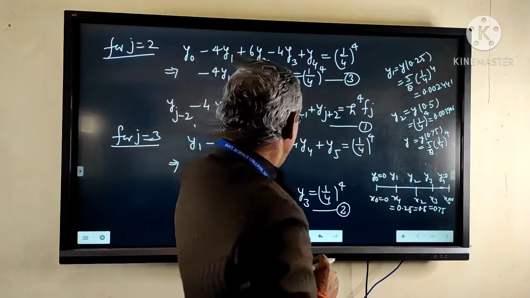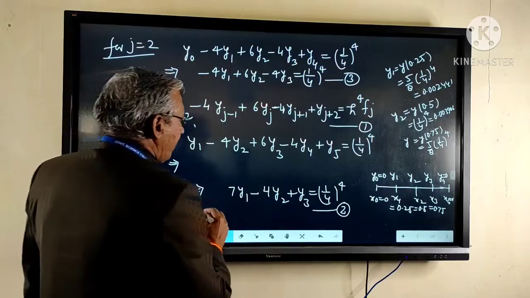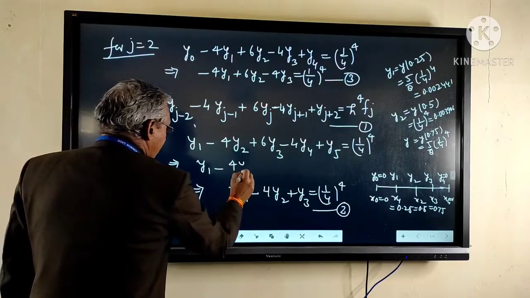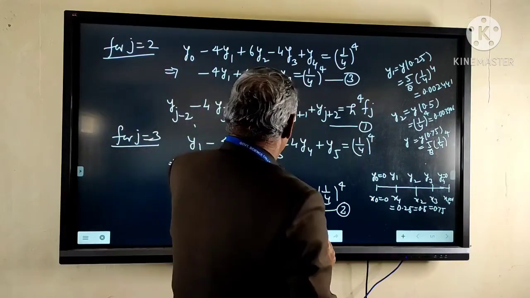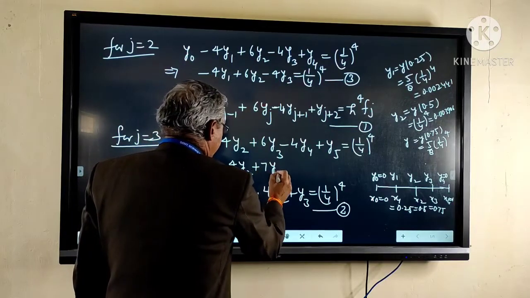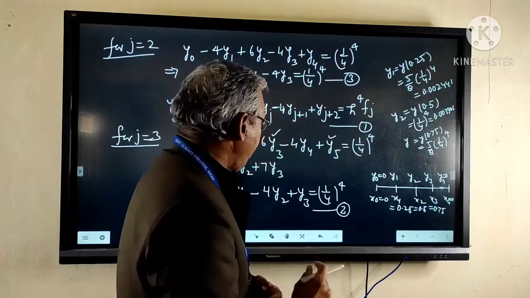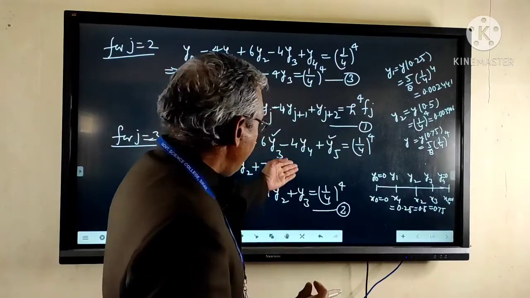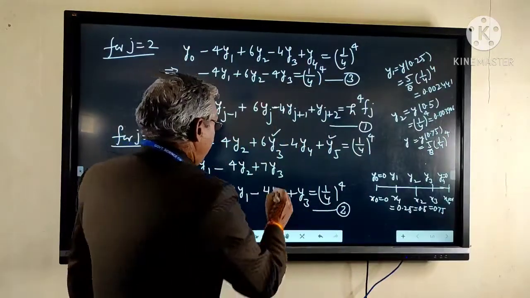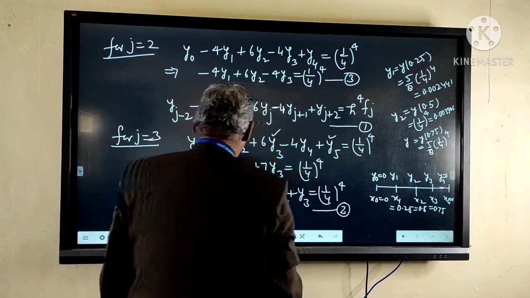Here y3 equals y5, therefore we can write y1 minus 4 y2 plus 7 y3, because y3 equals y5, and it is given that y4 is 0, and this equals 1 upon 4 to the power 4.